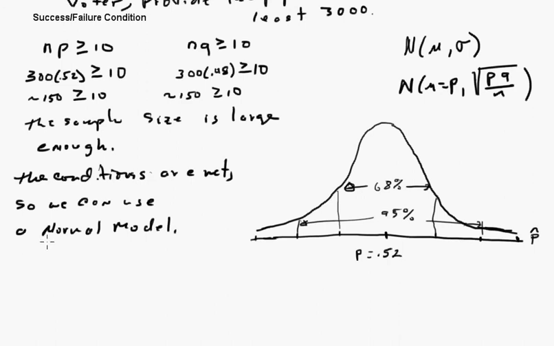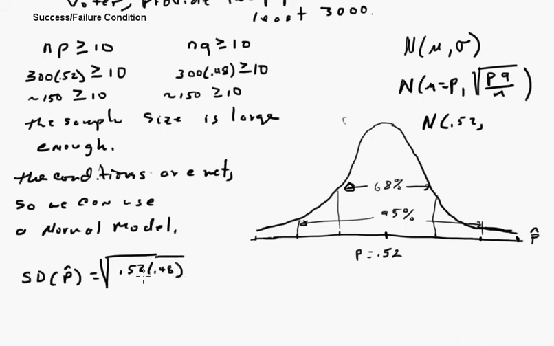Okay, so this is going to be 0.52, and let's just say the standard deviation of p hat, so what we expect if we took a sample, is the square root of 0.52 times 0.48, all divided by 300. Okay, and with that I get 0.029. Okay, so with that I can now label my model.